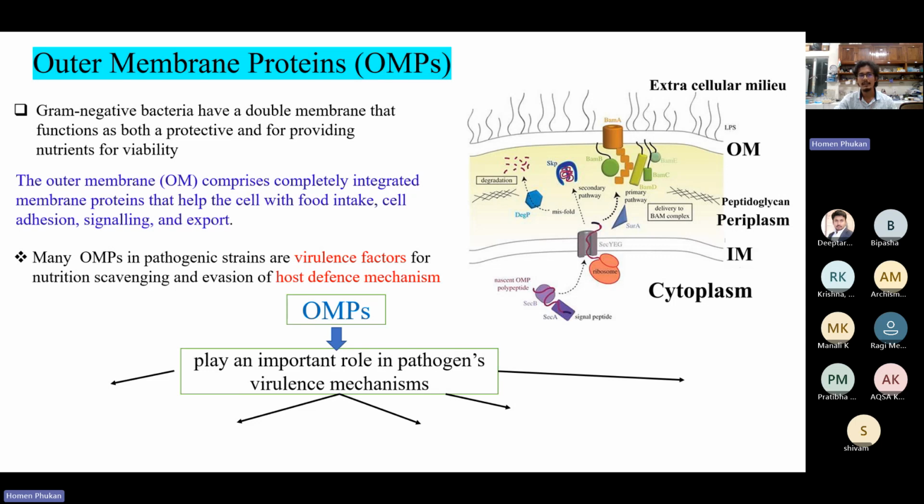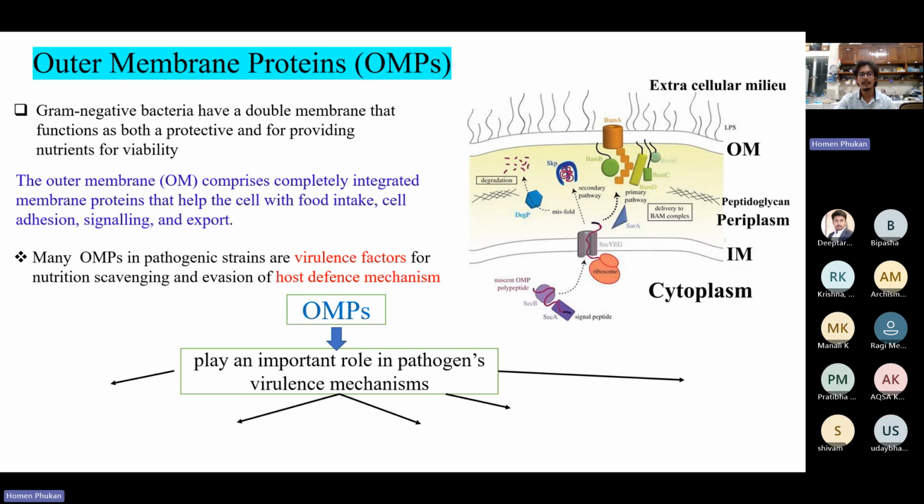Gram-negative bacteria have a double membrane that functions both as protection and for nutrient availability. The outer membrane comprises integrated membrane proteins that help the cell with food intake, cell adhesion, signaling, and export. Many pathogenic bacteria use outer membrane proteins as virulence factors and as a host defense mechanism.